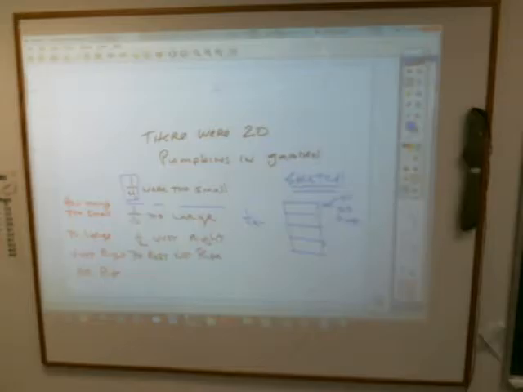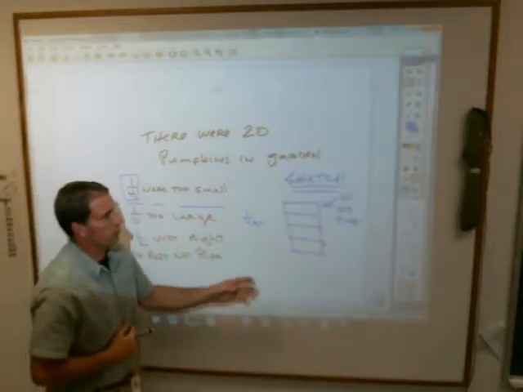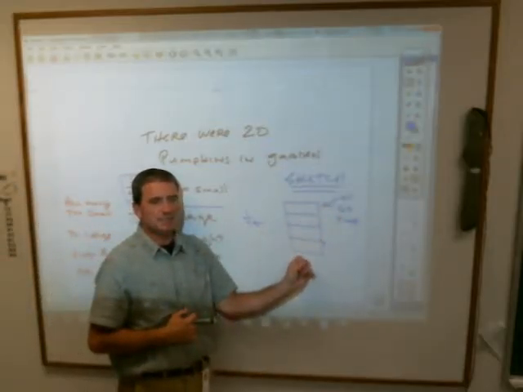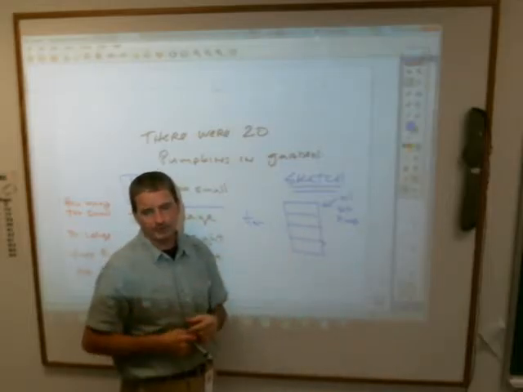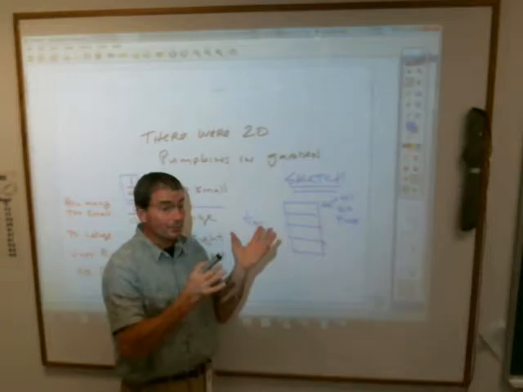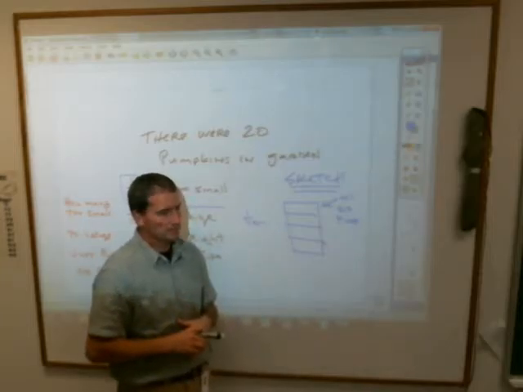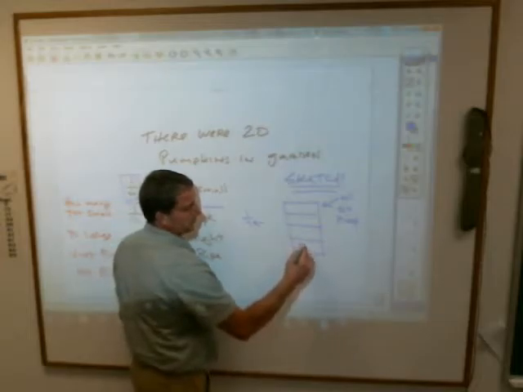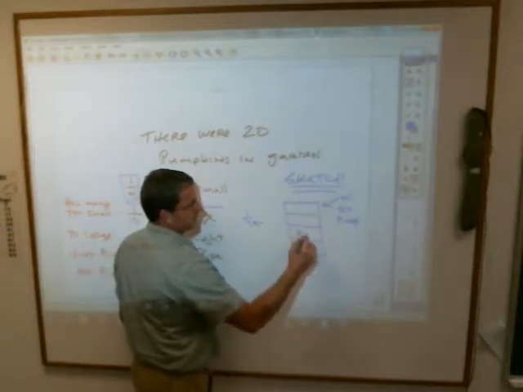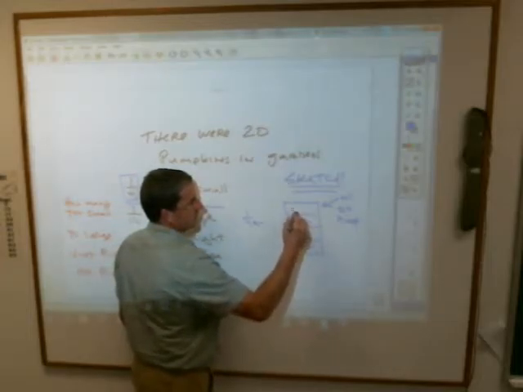Are you with me so far? If I cut 20 into 4 equal pieces, how many pumpkins would be in each group? If you take 20 and divide it into 4 pieces, here's our division. Everyone's going to have 5. Right, so each one of these fourths is 5 pumpkins.